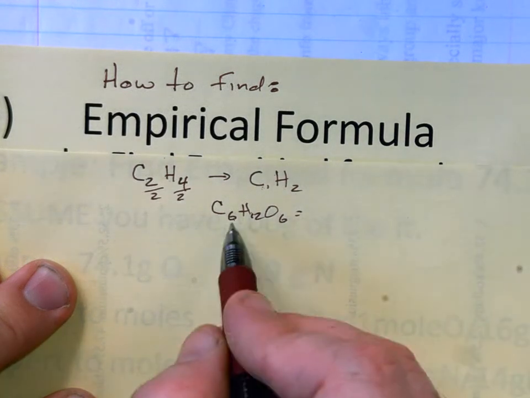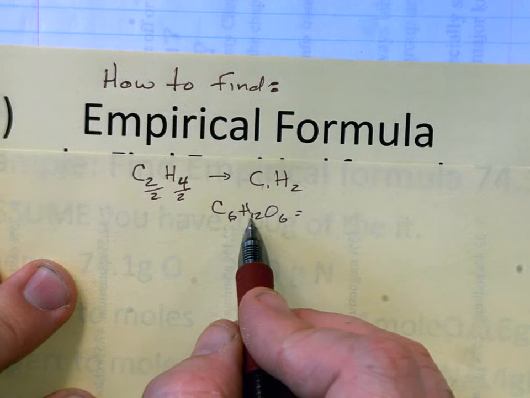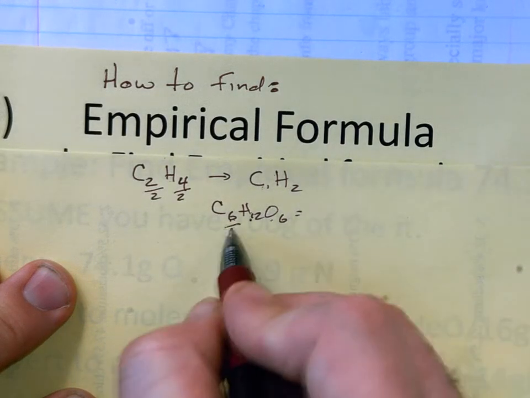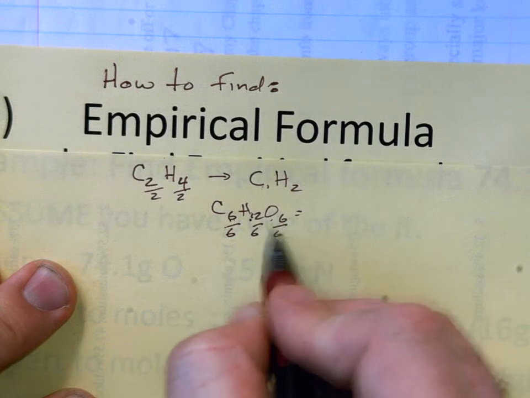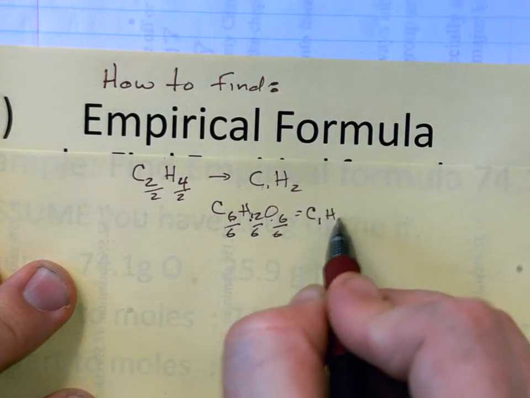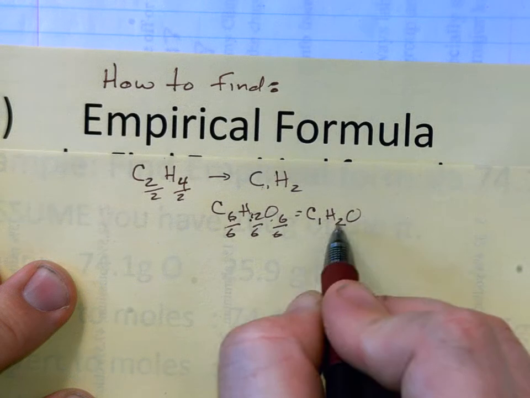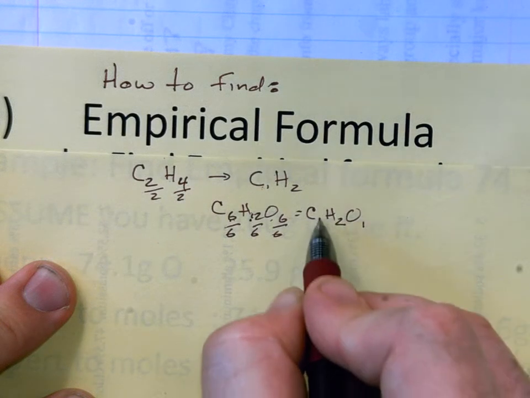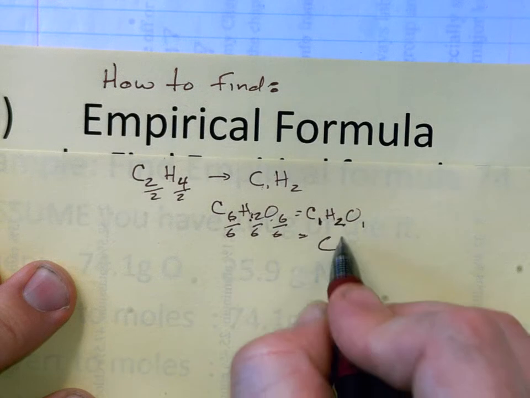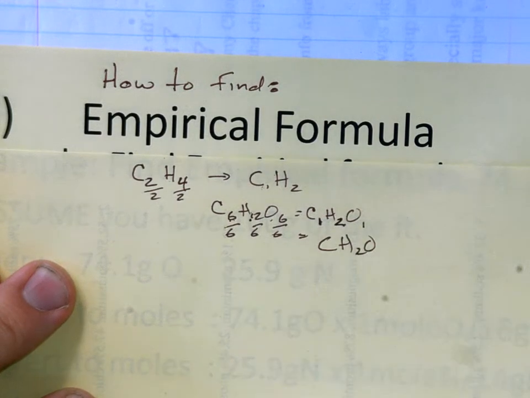They didn't know a glucose sugar had 6 carbons, 12 hydrogens, and 6 oxygens, but they did know 6 is the lowest common denominator. They did know that for every 1 carbon, there were 2 hydrogens, and for every 2 hydrogens, there was 1 oxygen. So they found out the ratio. So the empirical formula for glucose is CH2O.